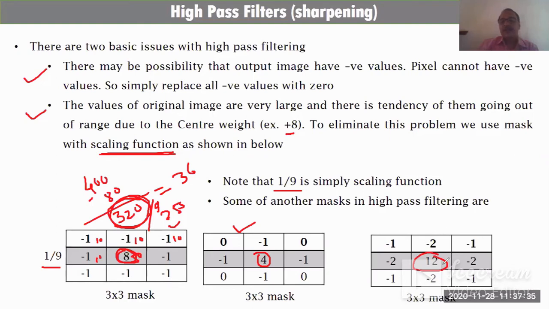So 12 minus 12 will be 0. When you create the mask, the center value must be positive, all other values must be negative, and the sum of all these elements will be 0. That is important. Now this is a high pass filter.